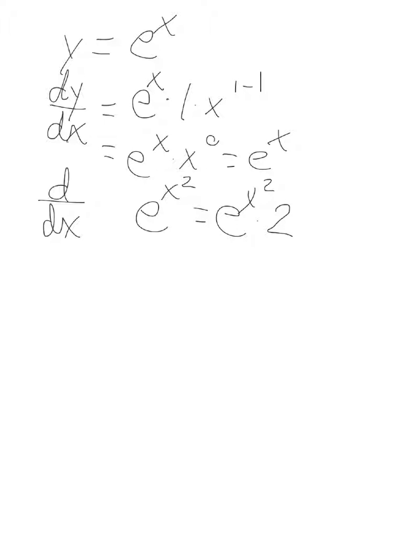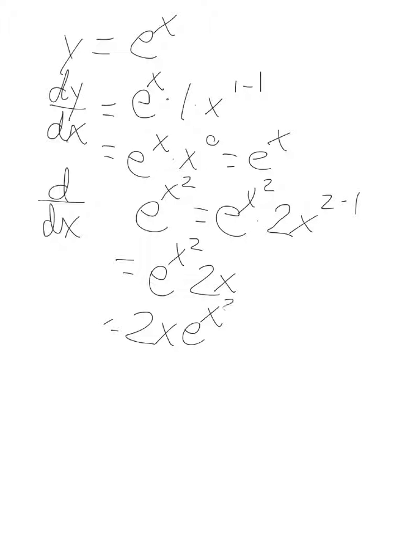So that's going to be 2 times x to the 2 minus 1 power, or e to the x squared times 2x. And you normally put the 2, then the x, then the e to the x squared. Okay? Something that comes up a lot. Let's do one more.